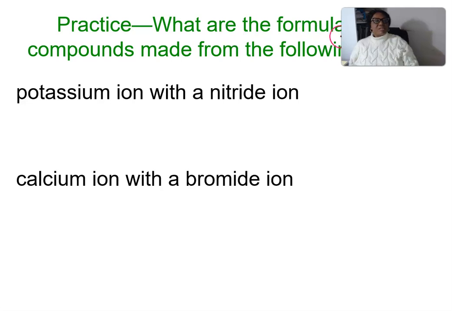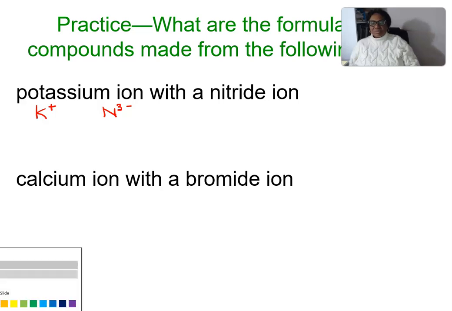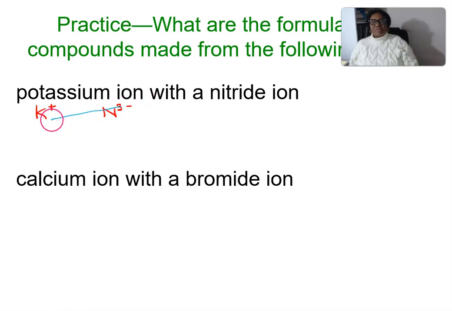Let's see. Write the formula for the compounds made from the following ions. Potassium ion is K plus. Nitride is in group 5, so it's N 3 minus. So crisscross, take the 3, bring it here, take the 1, bring it here.